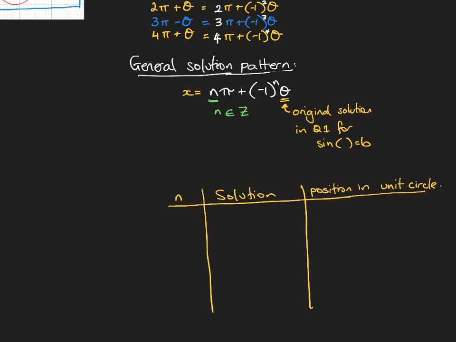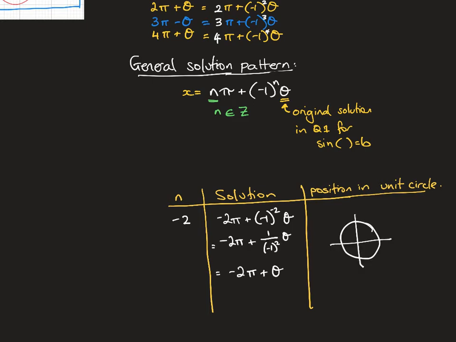So I'm going to show you for n is minus 2 that you substitute in minus 2 pi plus minus 1 to the minus 2 and theta, and where that will be in the unit circle. Some simplifying here. To the power of minus 2 means 1 over whatever it is squared.